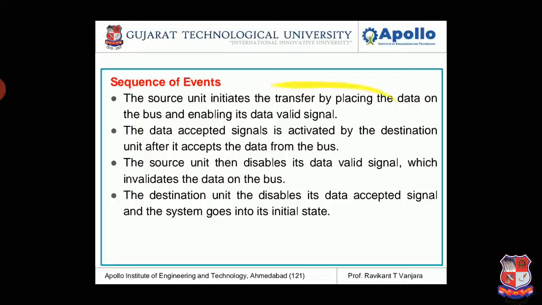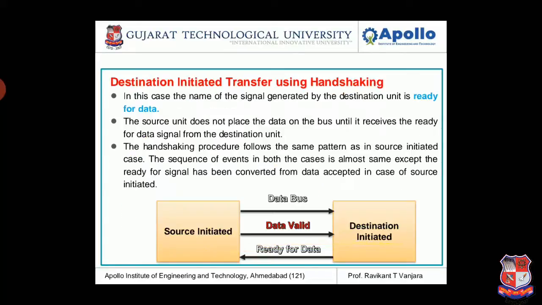This is the sequence of events that we have seen. The second method is destination initiated transfer. In destination initiated transfer, first a signal is sent by the destination unit to the source unit that it needs data for transfer, so the transfer is initiated by the destination unit. The destination unit sends a ready for data signal to the source unit. Now the source unit places data on the data bus and enables the data valid signal.